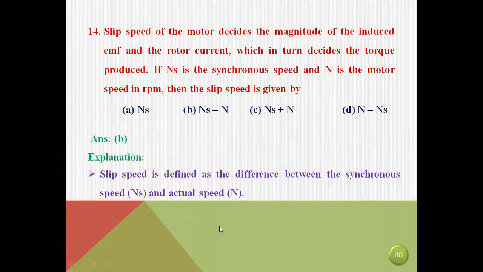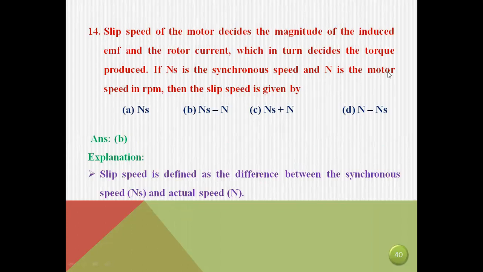If there is a question like slip speed of motor devices, the motor decides the magnitude of induced EMF and the rotor current, which in turn decides the torque produced. If Ns is the synchronous speed and N is the rotor speed. If they are not giving, at that time also we are taking the same thing, Ns for the synchronous and N for the rotor speed.